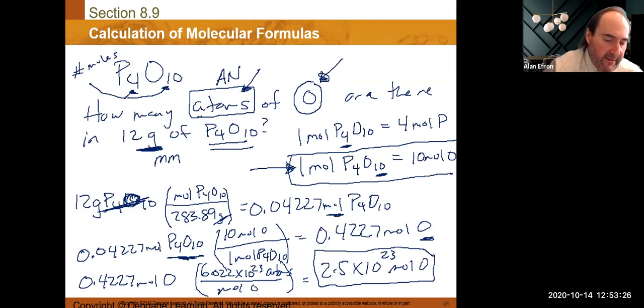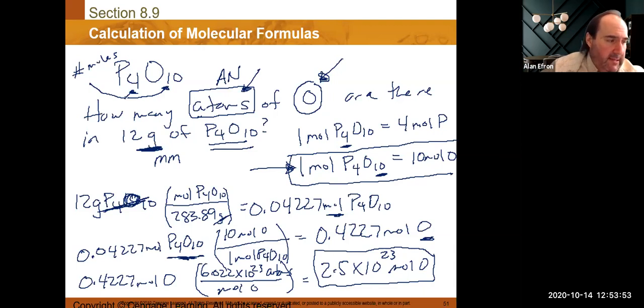So that is a very common thing that is sometimes asked. You're sometimes asked, especially when you're doing moles and atoms and things like that, about just the one element and not the whole thing that's in the formula. So as we can see here by doing the empirical formula, molecular formula, those little subscripts are moles, and you could use the formula as a conversion factor.